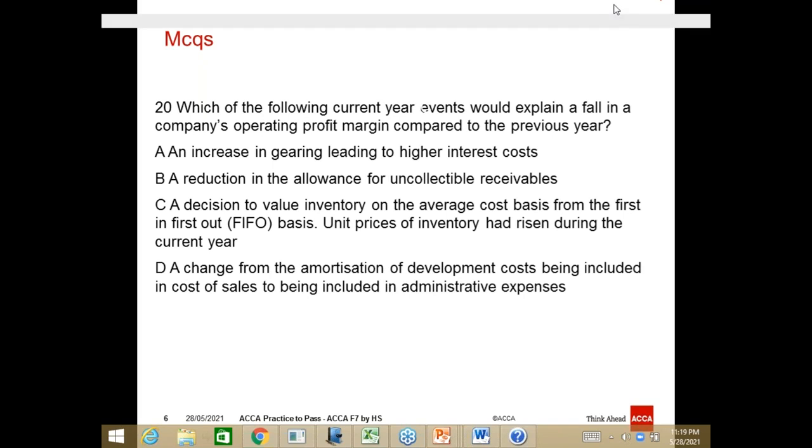Which of the following current year events could explain a fall in the operating profit margins compared to the previous year? So the profit figure is decreasing.